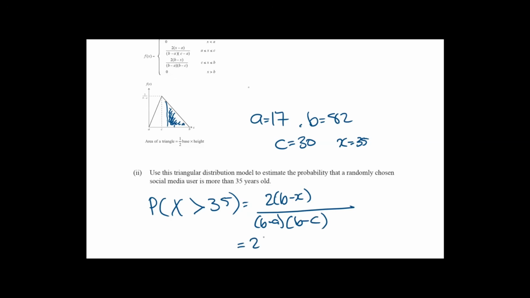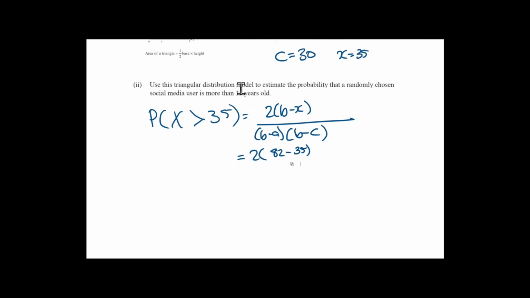So let's work it out. So 2 times (82 minus 35) squared, over (b is 82 minus a is 17) times (82 minus 30).